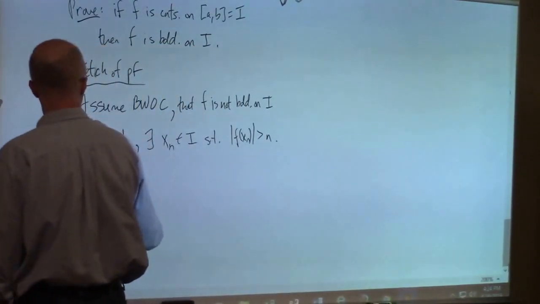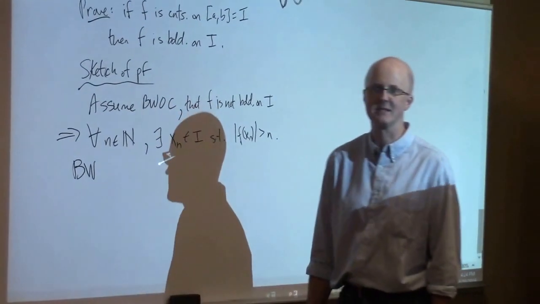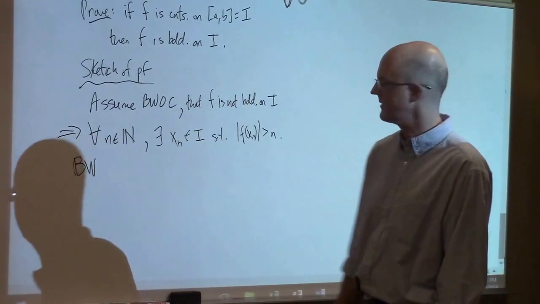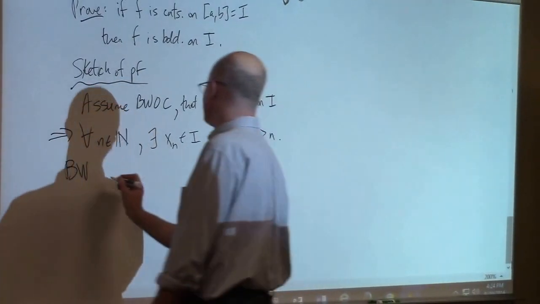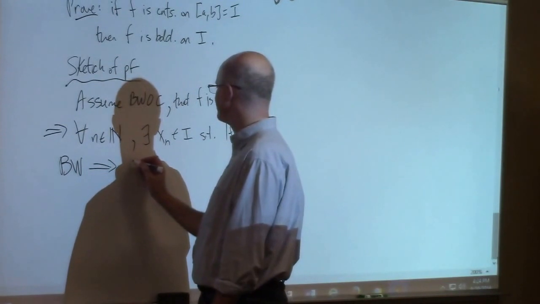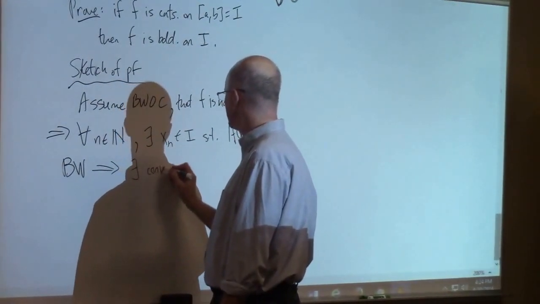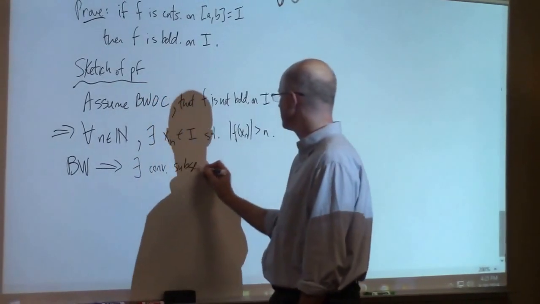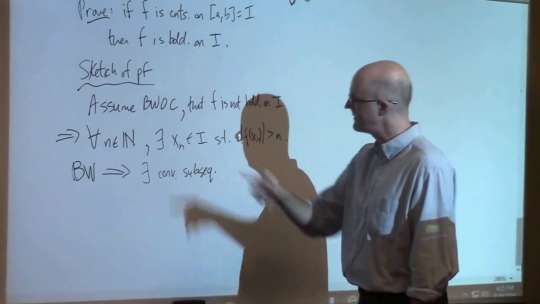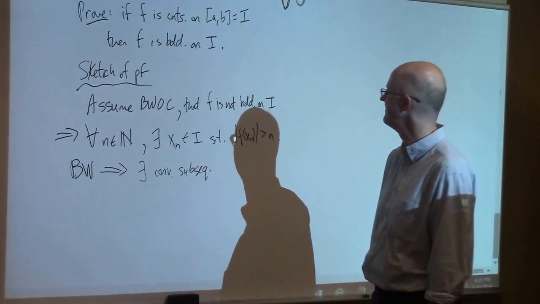So let me just abbreviate it. BW, which stands for Bolzano-Weierstrass. Again, Weierstrass is German. W sounds like V. Bolzano-Weierstrass implies that there exists a convergent subsequence of the sequence that is formed by the xn. I didn't use sequence notation, but I could have.